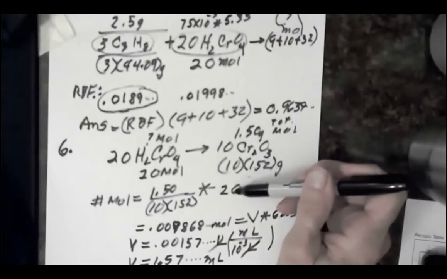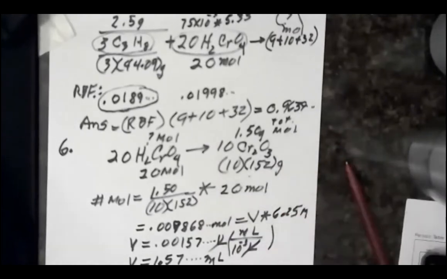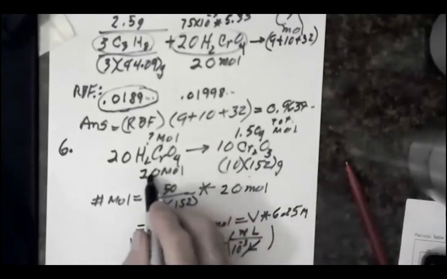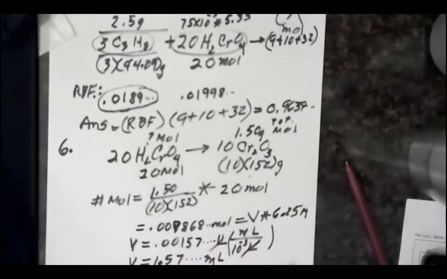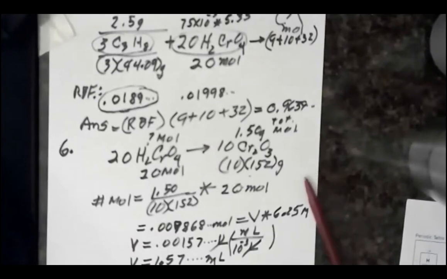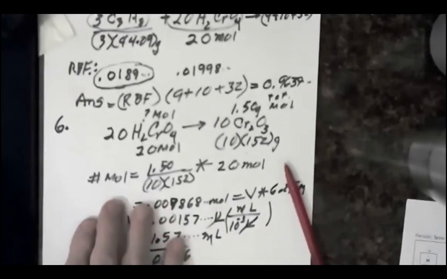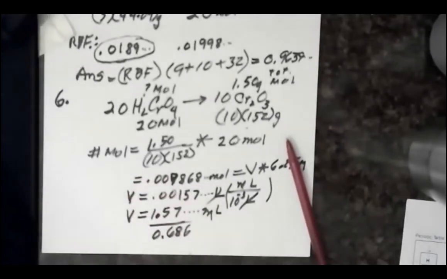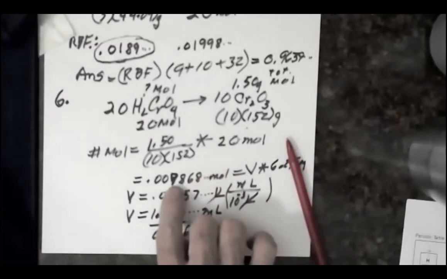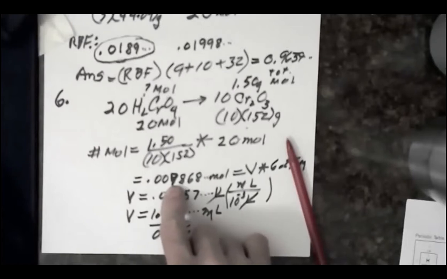Balance is 20 moles, so I'm going to take that, multiply it by 20. So I think that 1 point. I'm sorry? Okay, let's try again. 1.5 divided by 10 divided by 152. And that looks like, oh, I've got a decimal point off when I wrote it down there, I think.